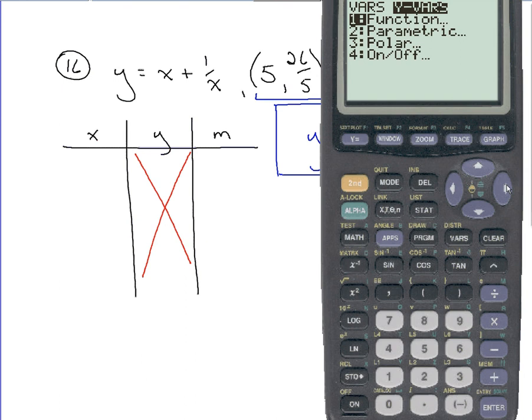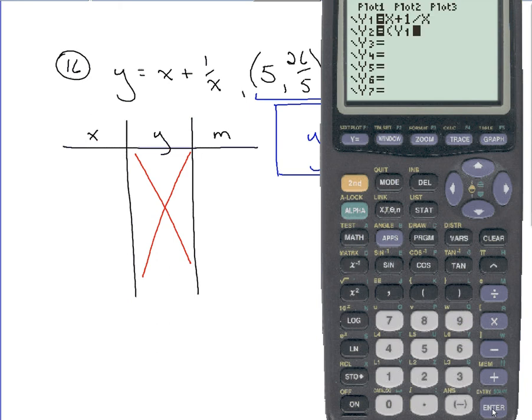Hit enter for function. And what you want to do is you want to call down y sub 1, so you hit enter one more time. You've now brought down that first line. You take that y sub 1, you subtract the y coordinate at the given point. Close the parentheses. Divide that by, new set of parentheses, x minus the x value at the given point of 5.